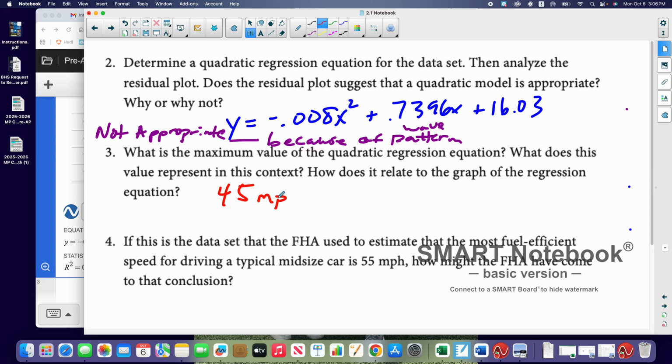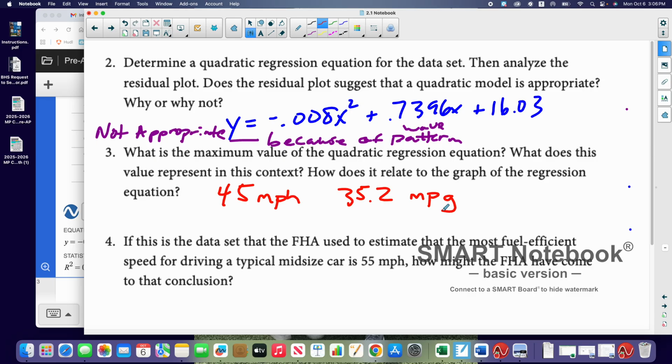So 45 miles an hour is the maximum value, and it's paired with 32.5, which is the gallons. So if you wanted to conserve your gas, that would be a good way to do that.